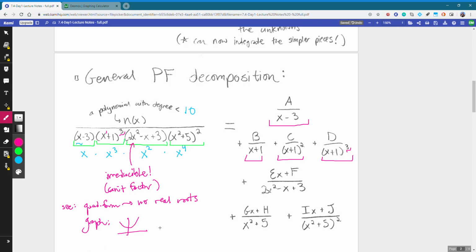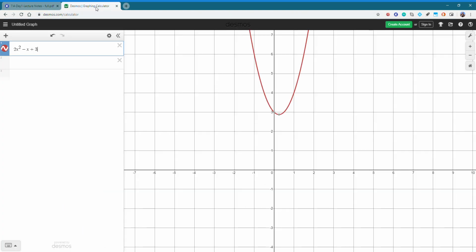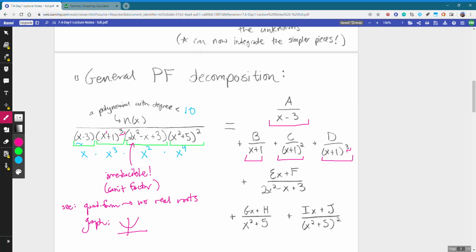So something like that. And here, if we actually jump over to Desmos, we can see this in action. Here's our denominator there, and we can see this parabola is never going to cross the x-axis, and so this thing's not going to factor. And so partial fraction says that associated to an irreducible quadratic like this, we're going to have one term.